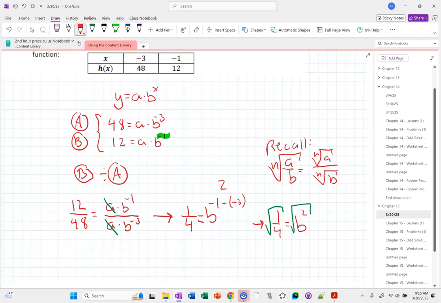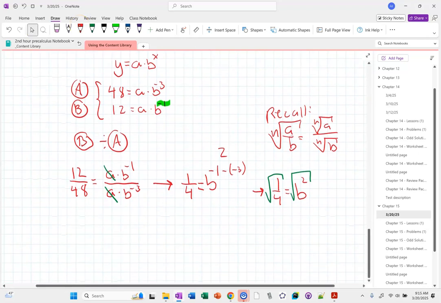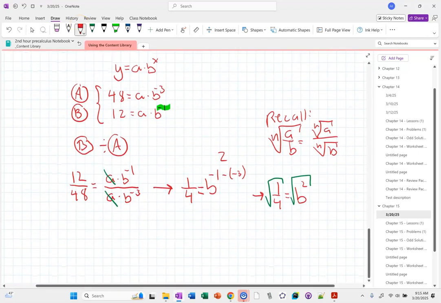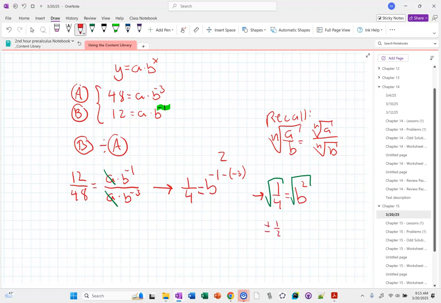Yeah, good job. Quoted is that we can just square root the top and bottom, so we can break up a radical. So the square root of 1 is just 1, and the square root of 4 is just 2. But because we square root both sides of the equation, we get a plus or minus on that, right?